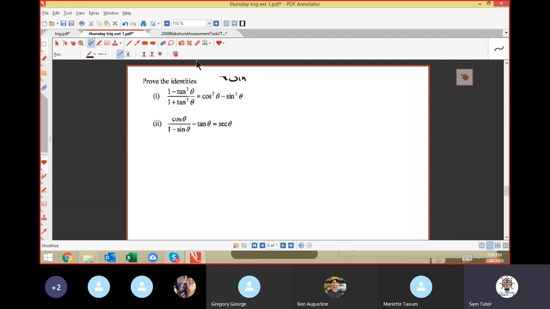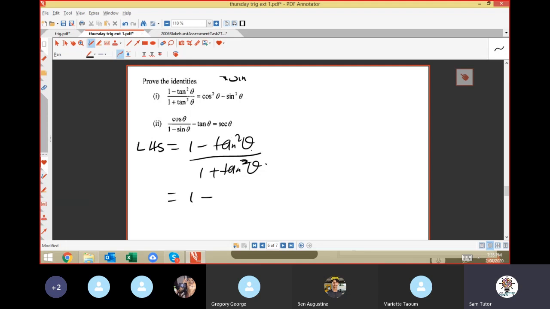Yeah. Let's do this. Okay, it's going to be a little bit tricky. Unfortunately, you got the tricky ones. So LHS: 1 minus tan squared theta on 1 plus tan squared theta. We want it to become cos squared minus sine squared. Fingers crossed. Here we go.